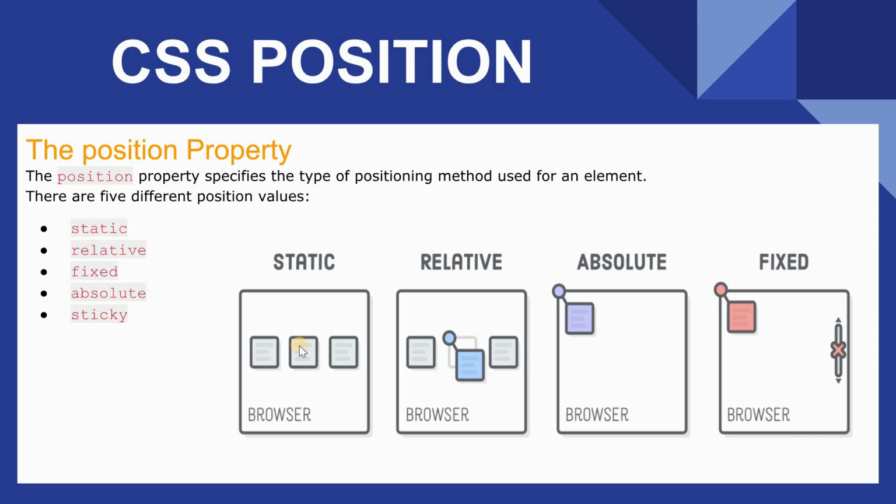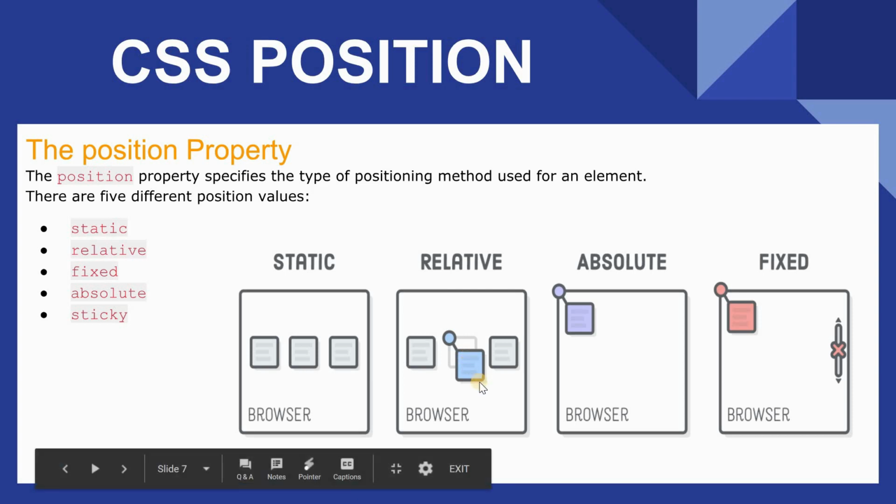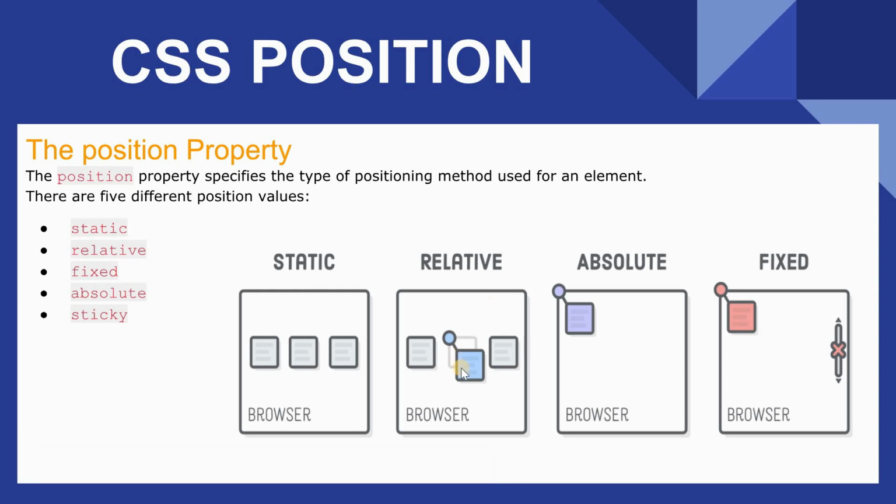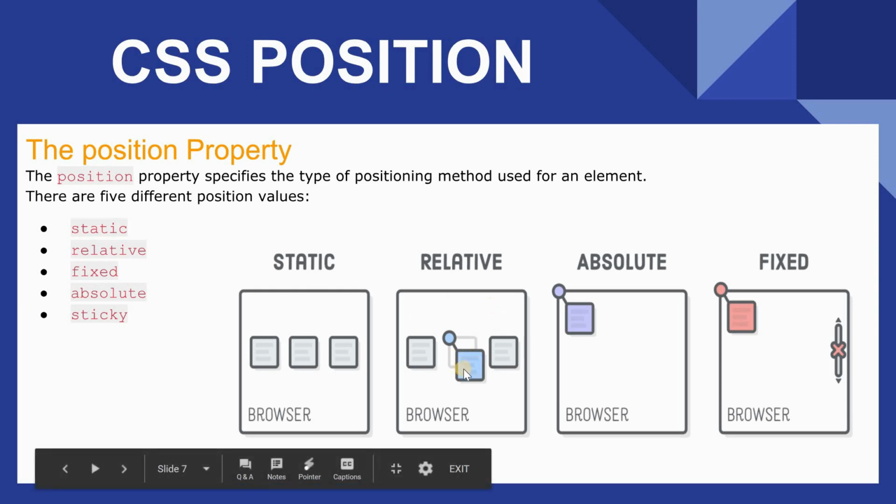But if I apply this image position as relative, then the position of this image will change, but the remaining images will remain constant in the same place. But if I apply the position as absolute, then it will start appearing from the screen corner, or it may be from the margin corner.